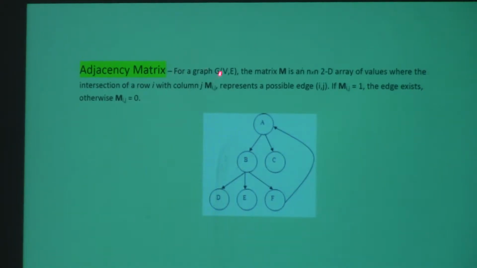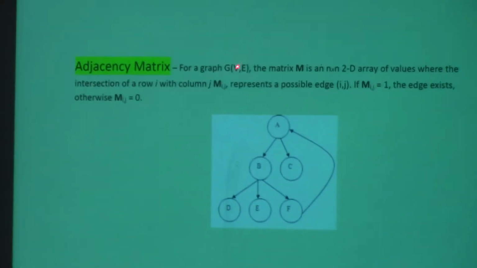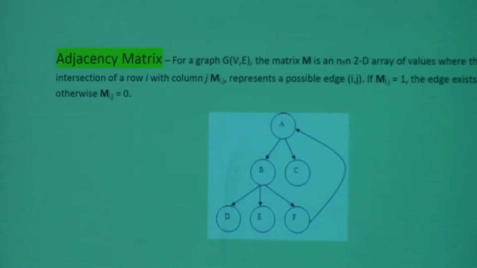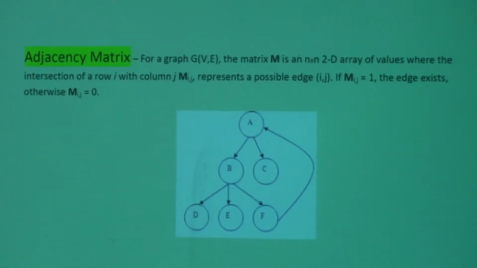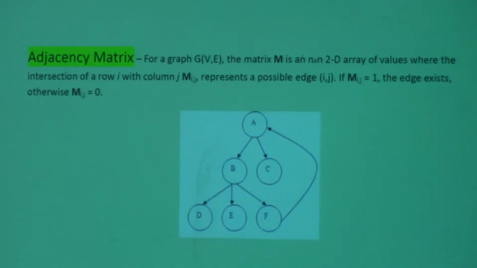For a graph G, which is a set V and E that we talked about earlier, the vertices and the edges, the matrix M is an n by n 2D array of values, so that the intersection of row I with column J, or Mij, represents a possible edge between I and J. If Mij is equal to 1, there is an edge that goes between vertex I and vertex J. If it's a 0, then there's no edge between them.